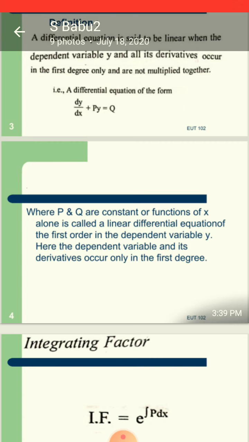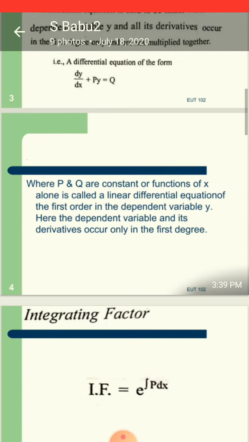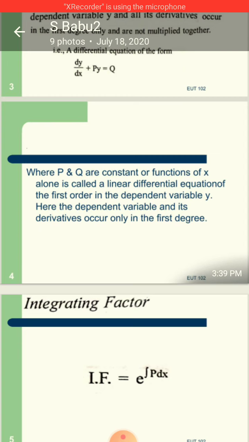After having this linear differential equation, now we go to another thing also. In this linear differential equation, what we are having? The order of the differential equation is 1.